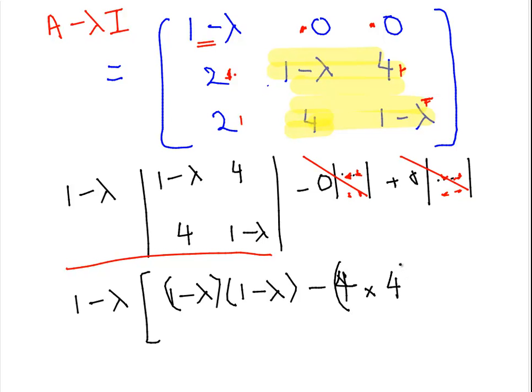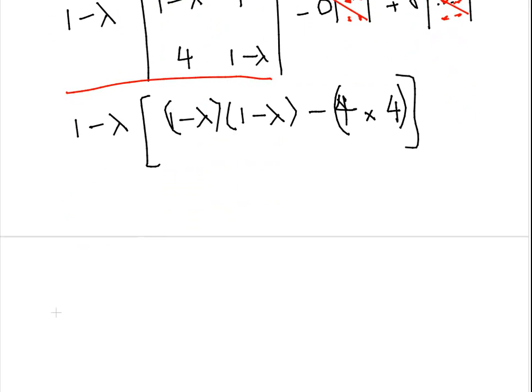Essentially what we've done there is get the determinant of this 2 by 2 matrix. Let's work that out a little bit more. Scroll down. What do we get?